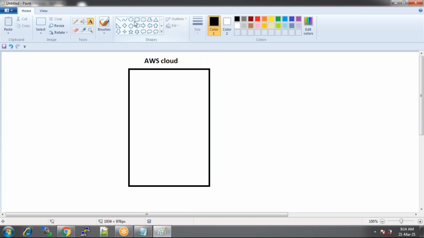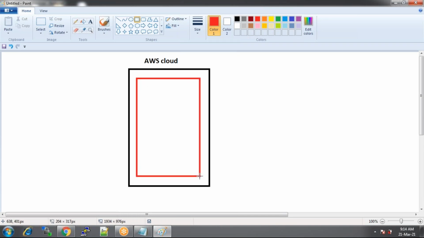Within that cloud, we create our VPCs. That's a VPC. And within the VPC, we have the subnets. Then we create subnets.